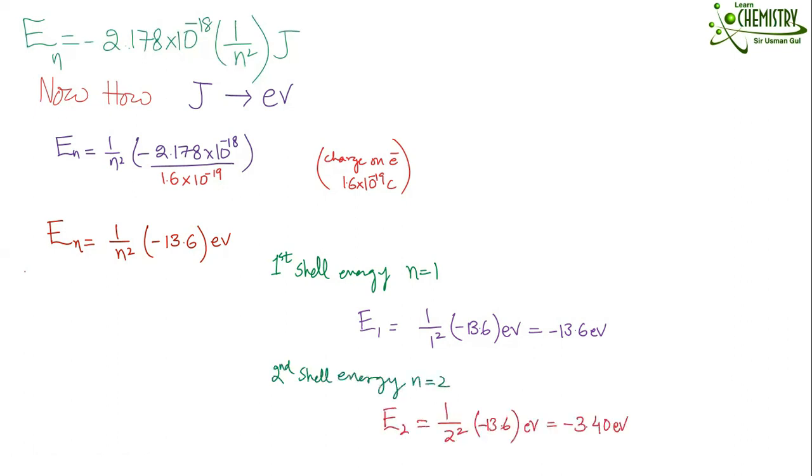So E2 will be 1 upon 2 square into minus 13.6 electron volt, and after the calculation, the value will be minus 3.40 electron volt. Even you can put any shell number and get the value of energy in electron volt. Remember that all the values will come in negative. The reason is very simple, because in our formula we have the negative sign. So that's all. Thank you.